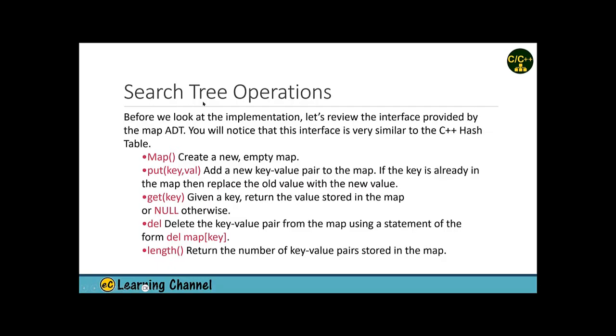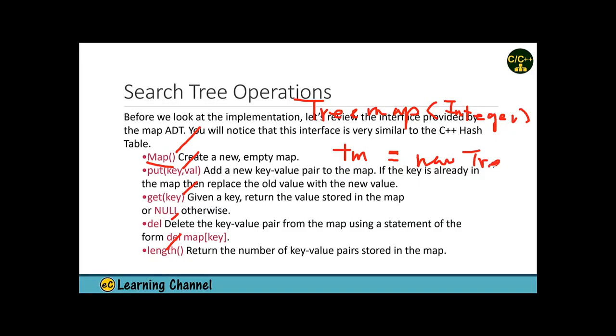The search tree operations include map, put, get, delete, length, these different functions. To create a tree map, TM, let's assume it is of integer in Java, it will equal new TreeMap of integer.